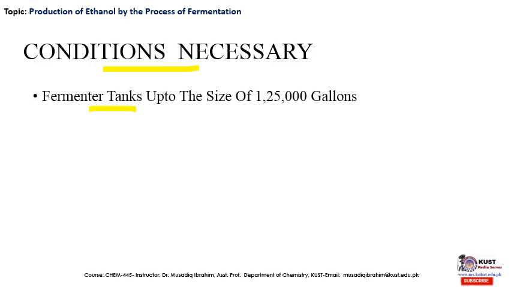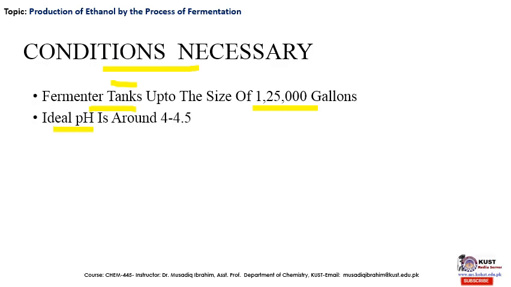The size of the fermentation tanks is around 0.125 million gallons, so around 0.1 million gallons of the culture can be accommodated into the tanks. You can observe how big the size of the tanks is.